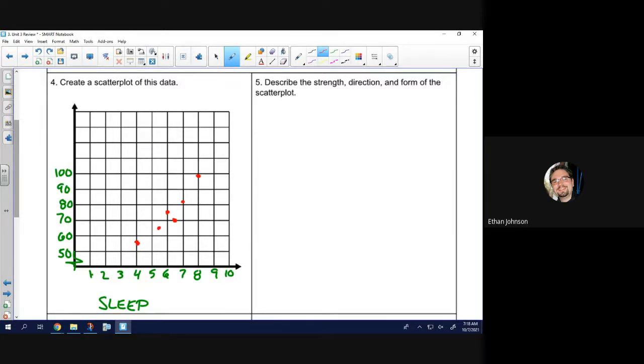Then you're going to hit stat, hit enter, and put your x's in L1 and your y's in L2. Then you're going to hit second mode to quit out, hit stat, move over to calculate, and then you're going to choose number 4.